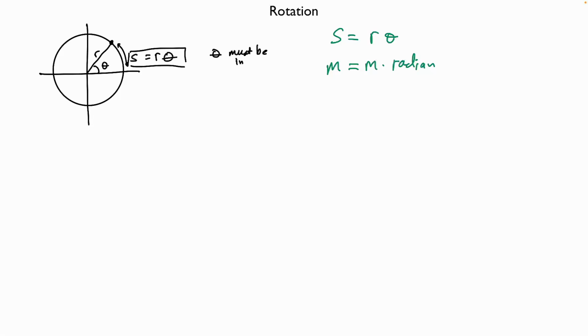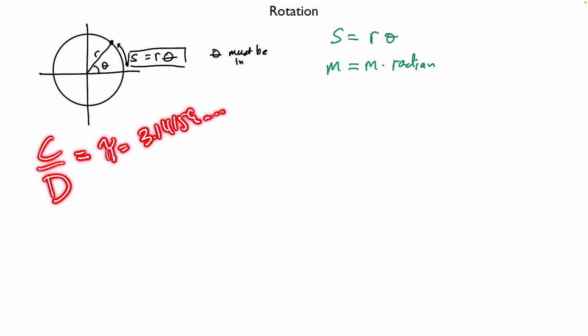And what's the ratio? If you take the circumference of a circle and you divide by its diameter, what do you get? Pi, right? Which approximates 3.14159, and so on. What are the units of pi?